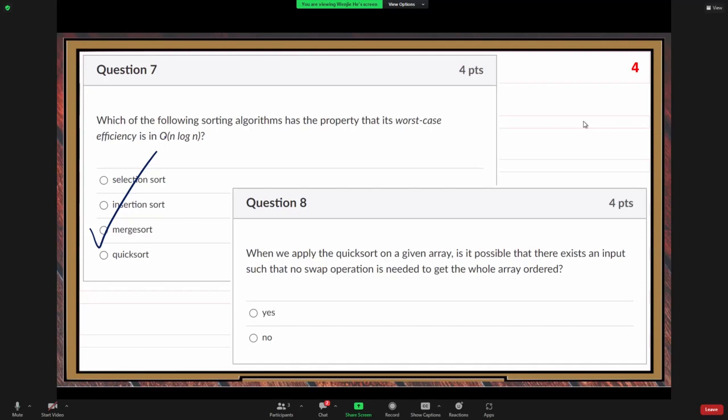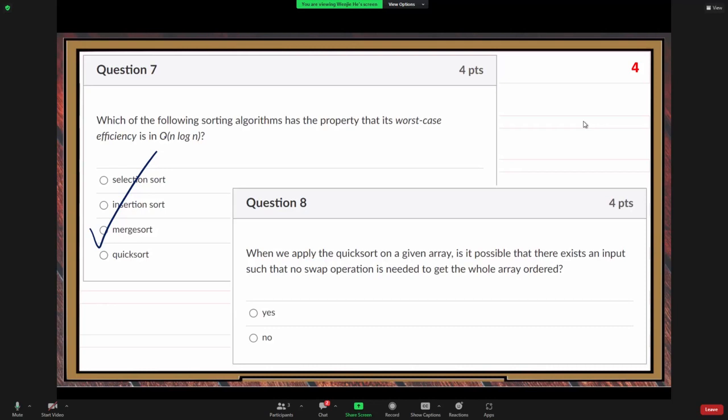Number 8. When we apply quicksort on a given array, is it possible that there exists an input such that no swap operation is needed to get the whole array in order? It's possible.